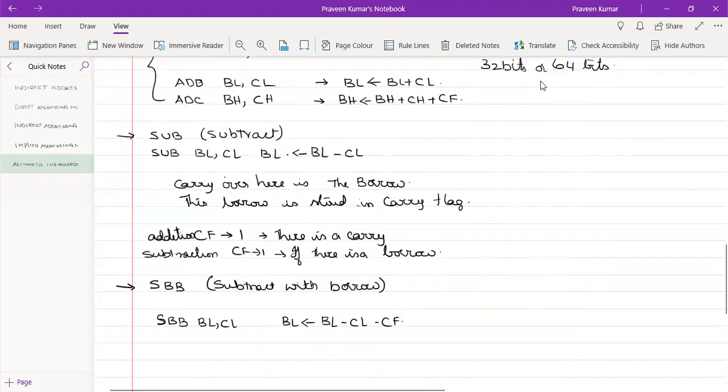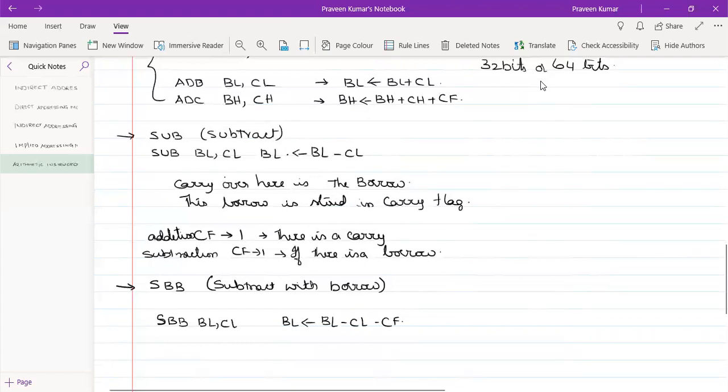Here also the value of CF is either 0 or 1. So if CF is equal to 0, then it will be normally BL minus CL. If there is a borrow, then BL will become BL minus CL minus CF. That's it.